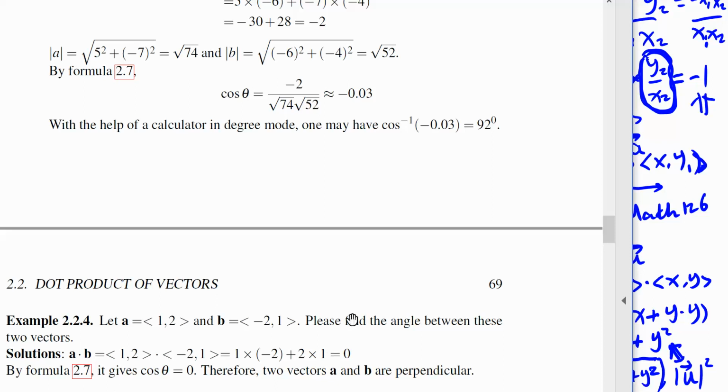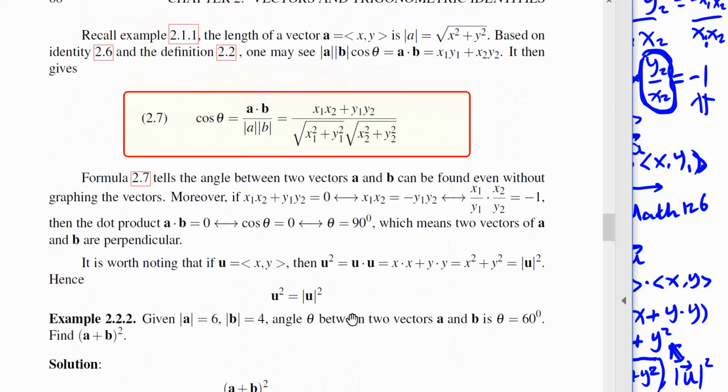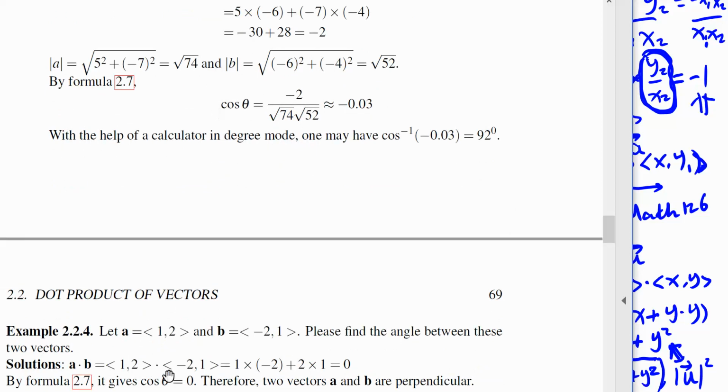Since A dot B is 0, then cosine theta will be 0. Now we know cosine theta right here is 0. What's happened? Then two vectors, A and B, must be perpendicular.